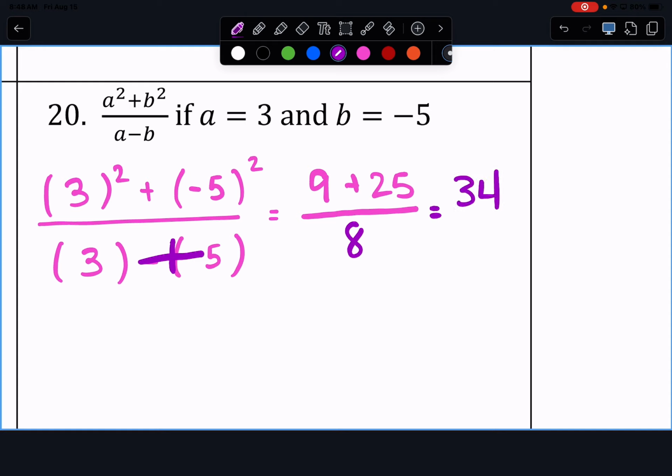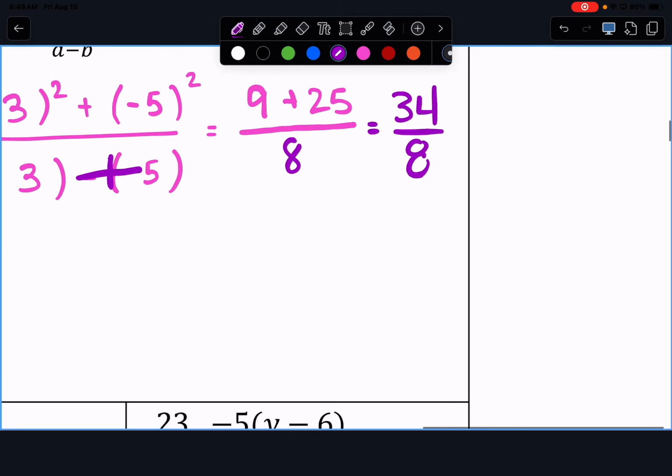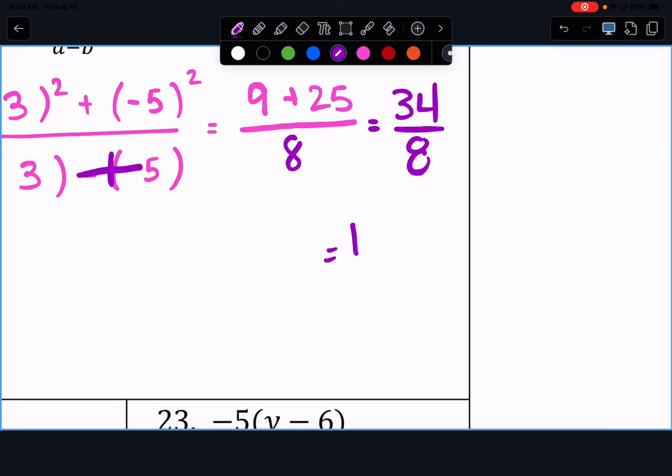Now, can I simplify 34 over 8? What can go into both 34 and 8? 2. So 34 divided by 2 is 17. 8 divided by 2 is 4. All right, and then we are going to wrap up there today.